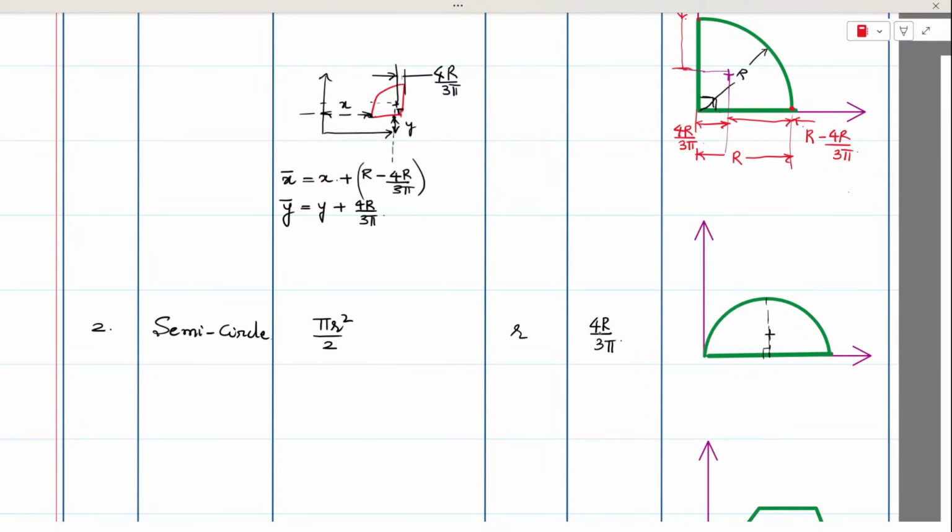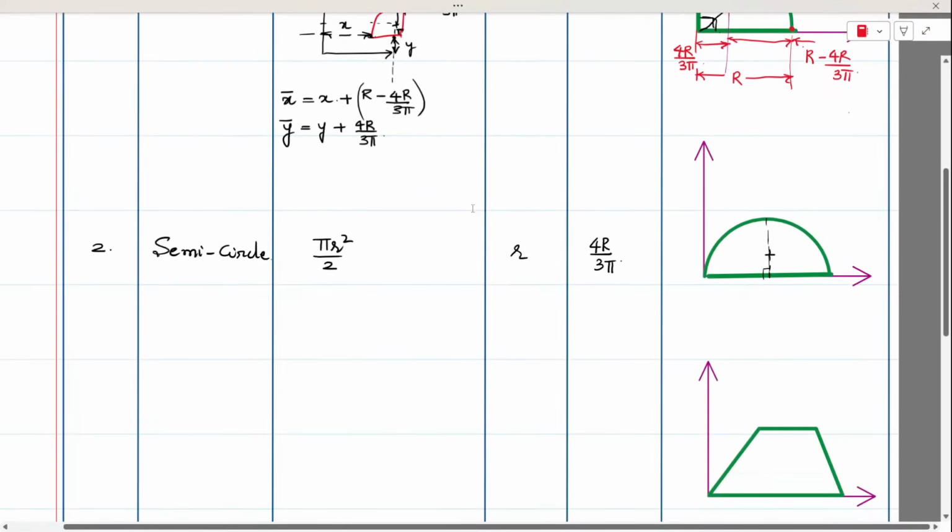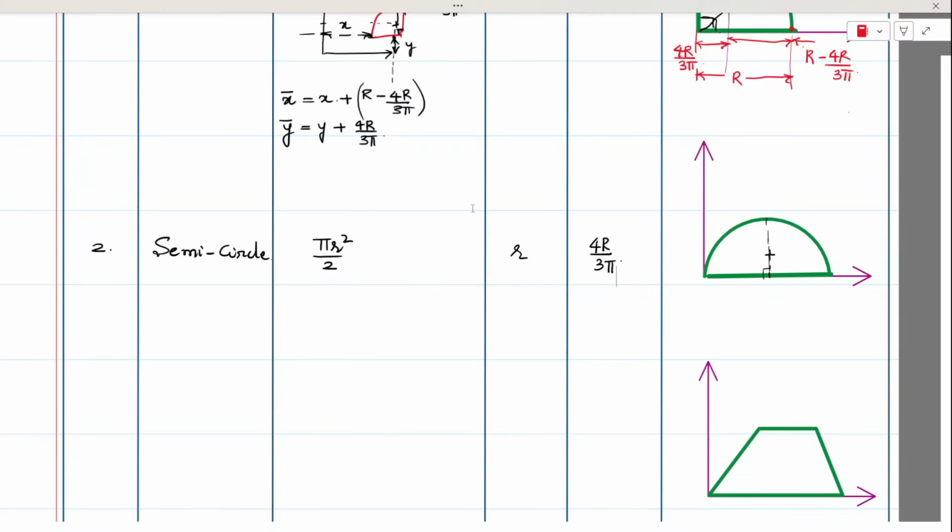So the same result is being reflected even in the semicircle. Once again, you should understand the position of the semicircle from the origin, and how far it is specific to the x-axis and y-axis. Both the distances need to be reflected when we are measuring the centroid.